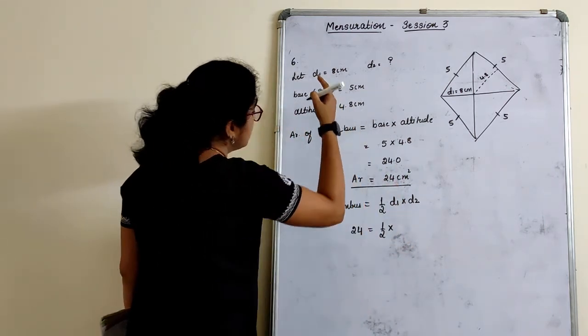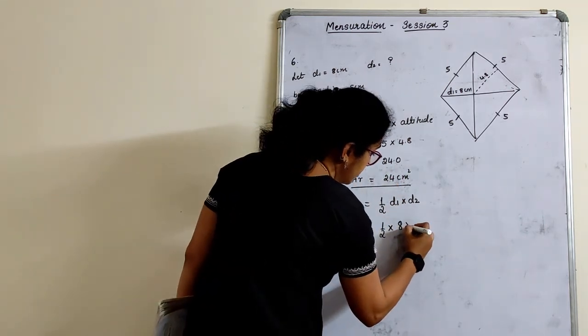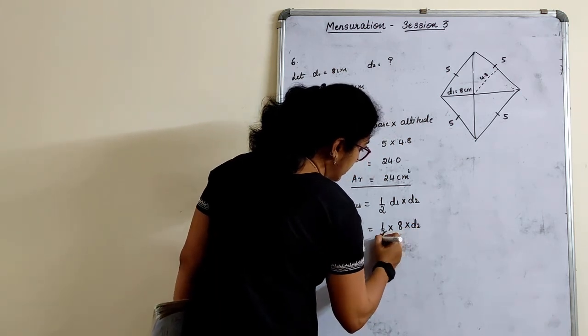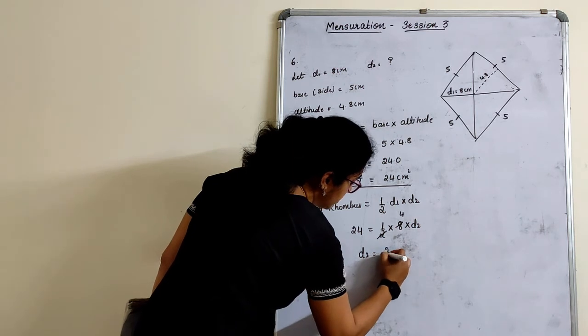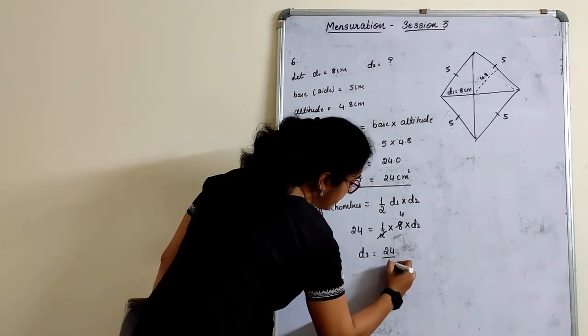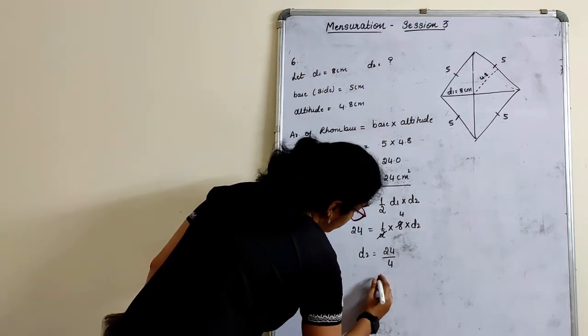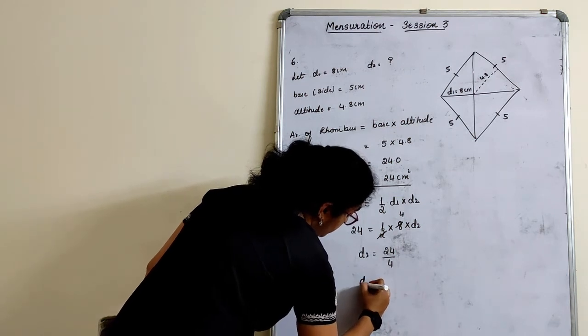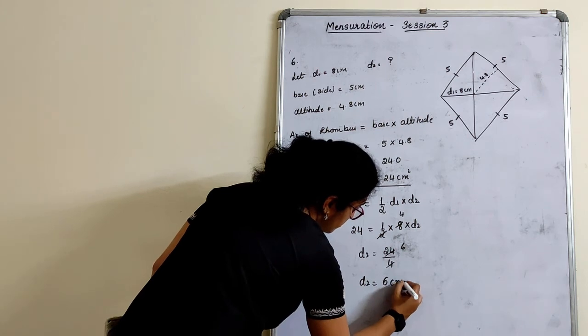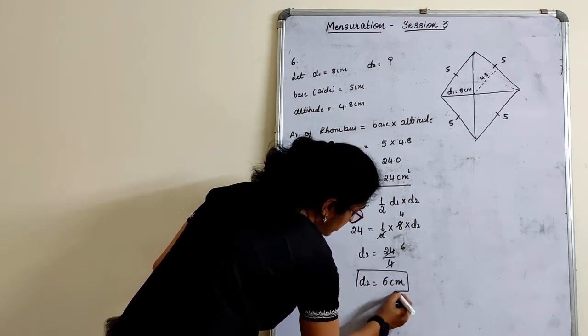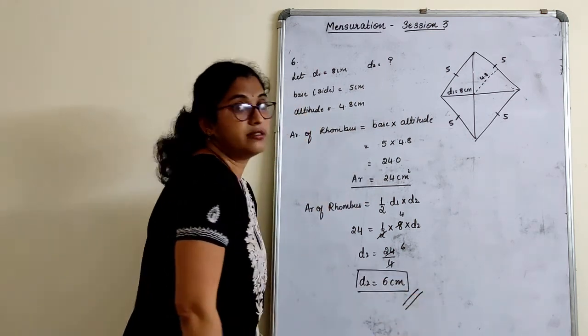What is diagonal 1? 8. Diagonal 2 you have to find out. 2 ones are 2, 4s are. Diagonal 2 is equal to 24 by 4. 4 ones are 4, 6 are. Diagonal 2 is equal to 6 centimeter.